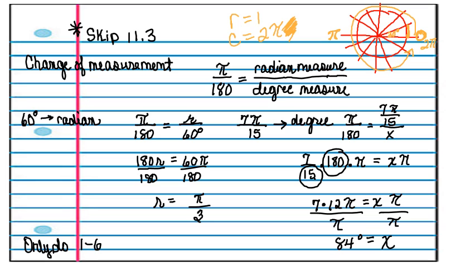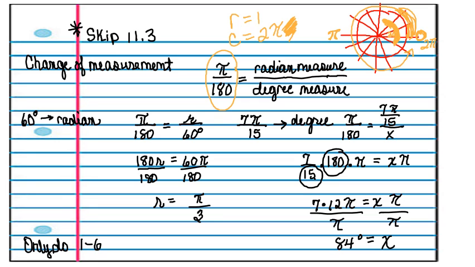So to change the measurement, we're actually going to do something rather proportional here. So pi over 180 degrees equals our radian measure over degree measure. So if what you want to do is go from degree to a radian, that is, if I have a certain degree, how far is it on the circle?